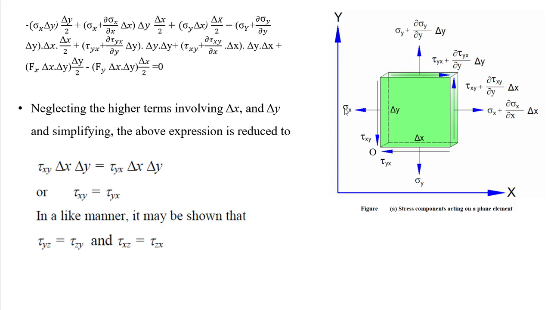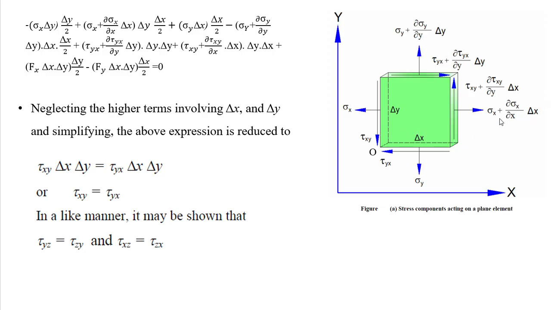Sigma x is a normal stress acting in the negative x direction. Whereas here the stress is sigma x, and as we move along the x-axis, the stress increases. Over a length of delta x, the increase of the stress will be dou sigma x by dou x into del x.